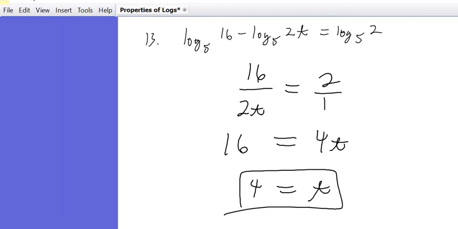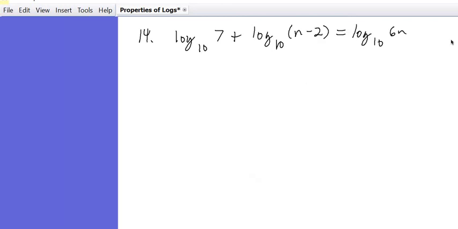All right, let's take a look at another one. Hold on, let me copy that down really quick. Okay, so listen. We're adding the logs of the same base. So that tells you to do what to those numbers? You multiply them. So 7 times n minus 2 is 7n minus 14, equals log of 6n.